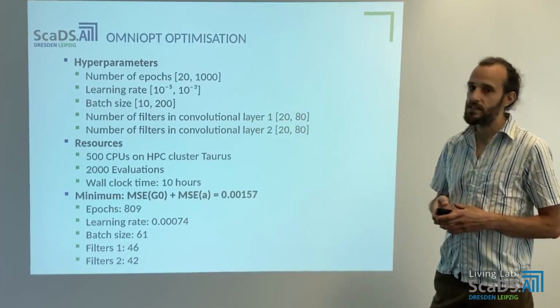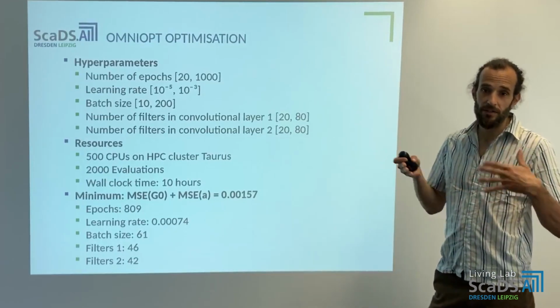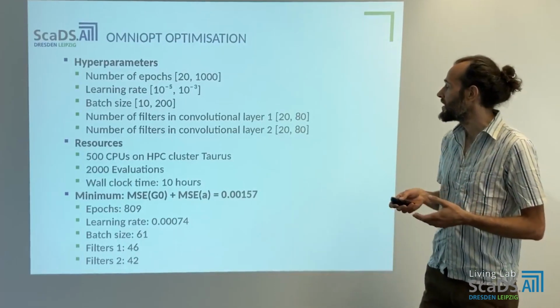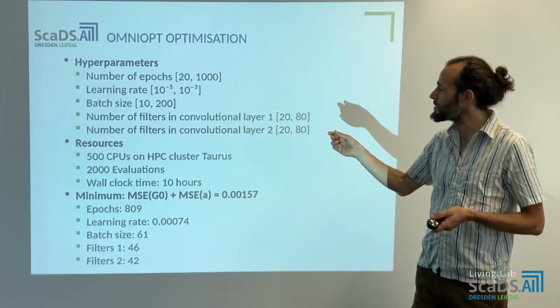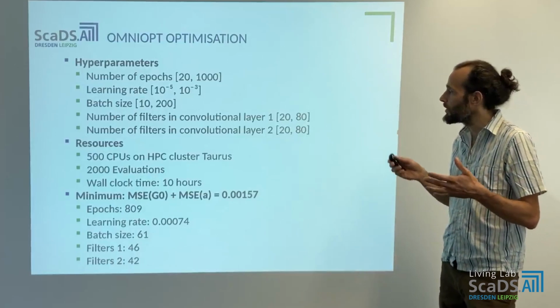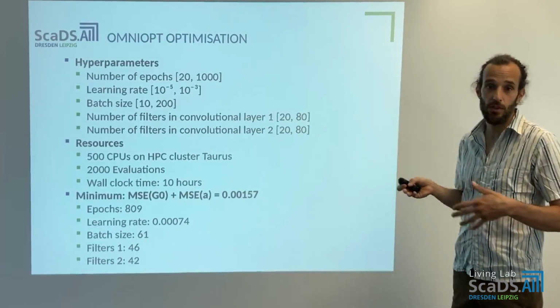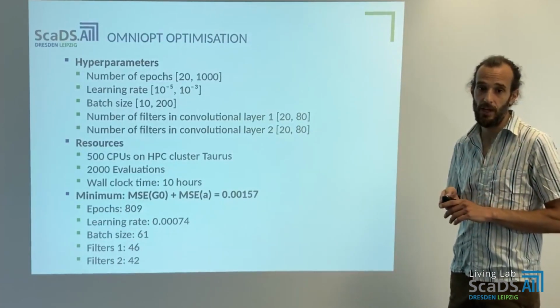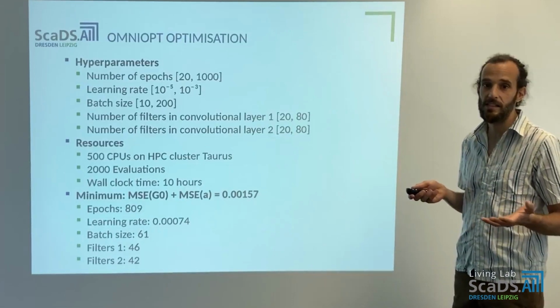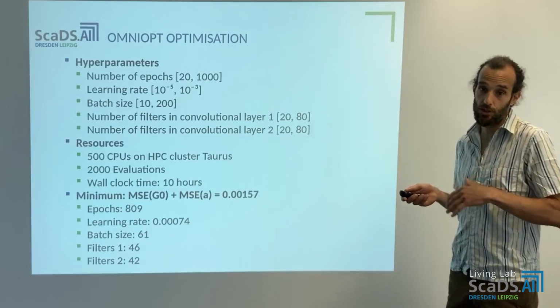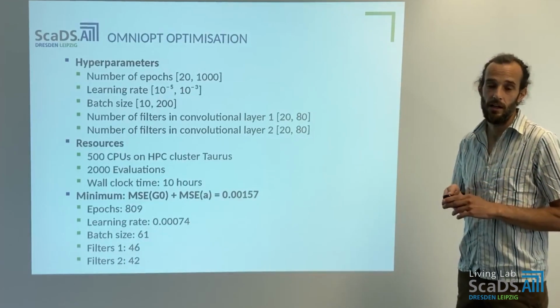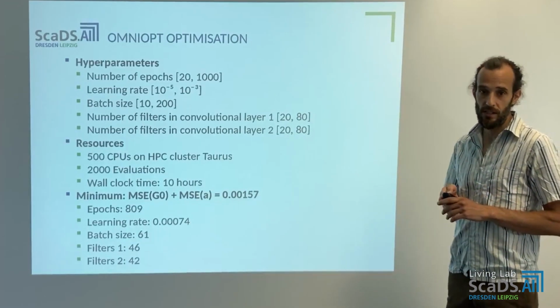And here you can also see that the user has to invest some work. So you have to make some tests before to find out which boundaries, which intervals are reasonable. For many cases, like 1000 epochs will be a bit much, but for our case, it turned out to be a reasonable interval.